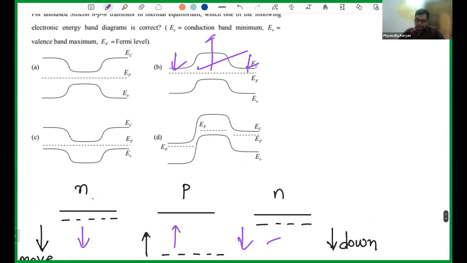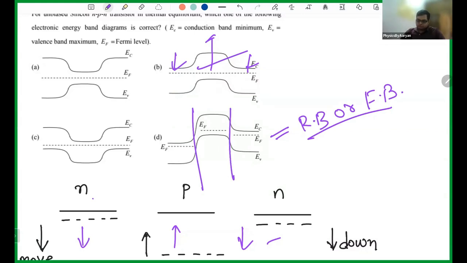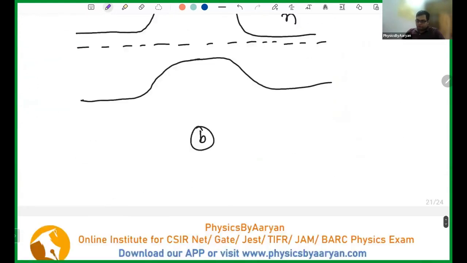So you identify whether it is reverse or forward. There will be two junctions, one reverse and one forward. Think about which junction is forward and which is reverse. You will get a good insight.